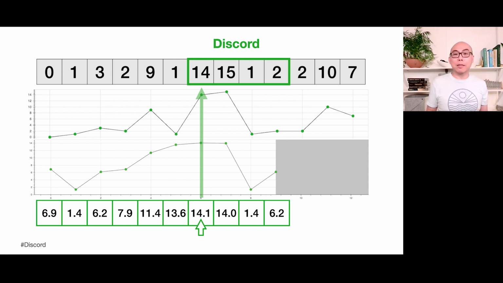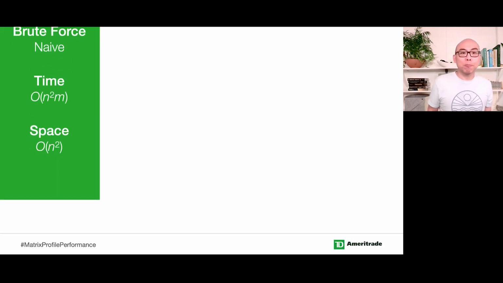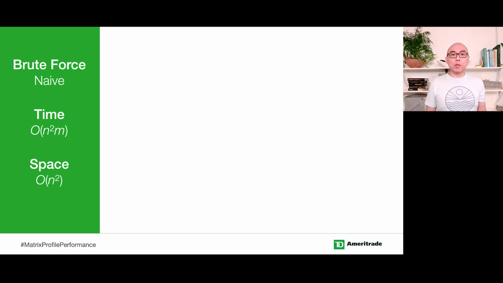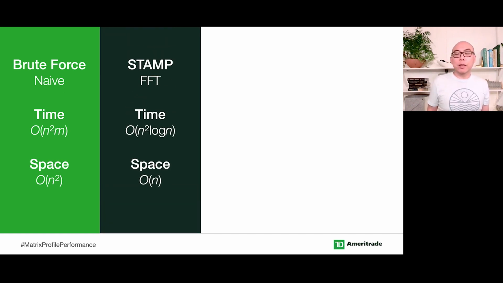There are many, many other things that you can do with matrix profiles, but we'll cover them in our documentation. Now, we discussed how the brute force method takes O(n squared m) time. These academic researchers published their first paper detailing an algorithm called STAMP, which uses fast Fourier transforms and convolutions to reduce that computational time.